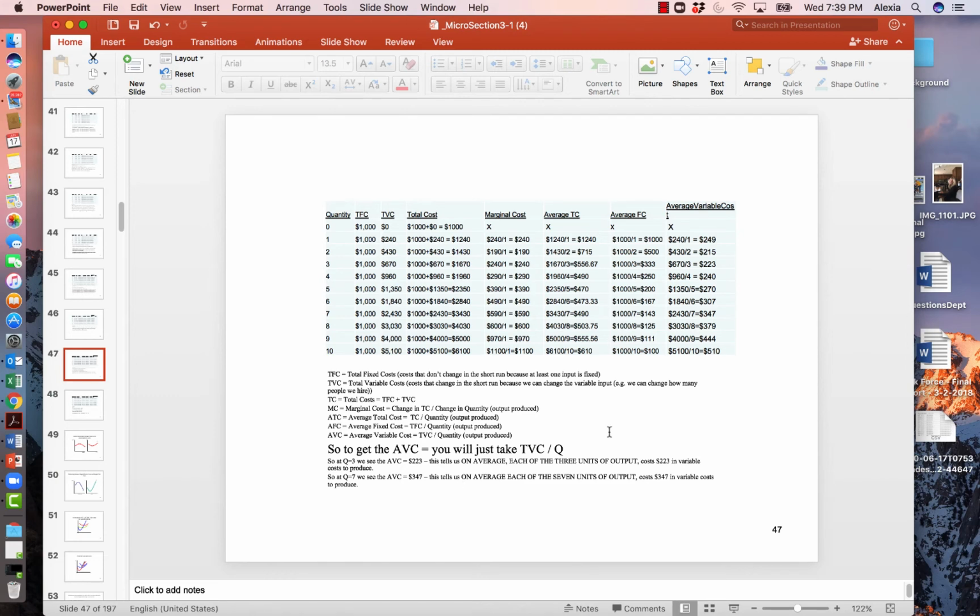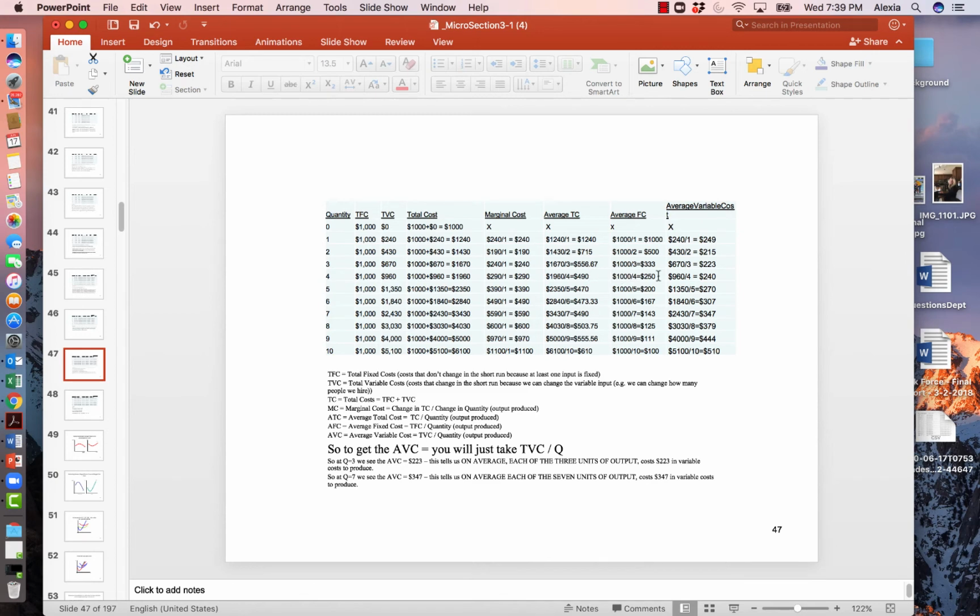The way you would interpret this is, let's say at an output of 4 units, our total costs are 1,960. This one says that the 4th unit costs 290 to produce. This tells us the average cost of each of those 4 units is $490 in total costs.